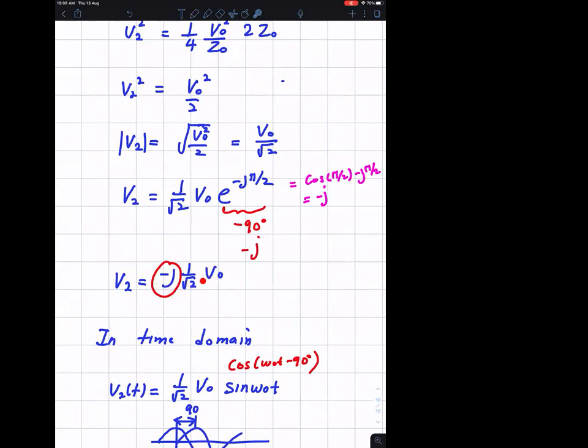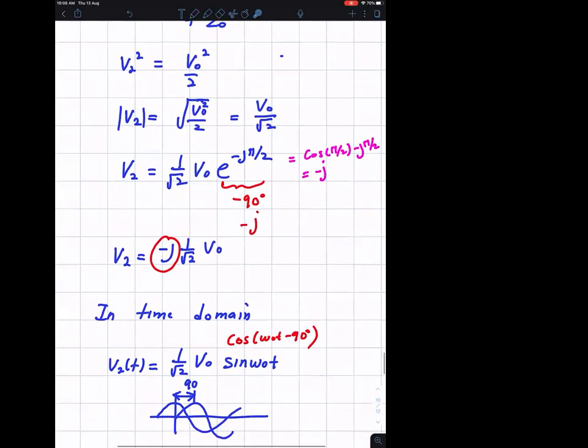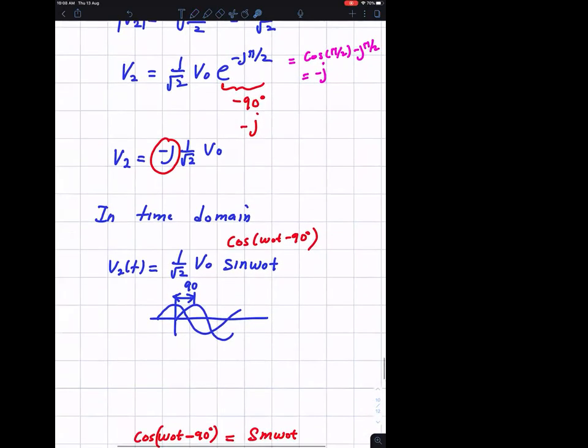If we want to convert this to time domain, it's going to introduce a minus 90 degrees. The input doesn't have any phase shift. It was just cosine omega naught t. But now, with the effect of the wave traveling through the transmission line, it created a phase shift.